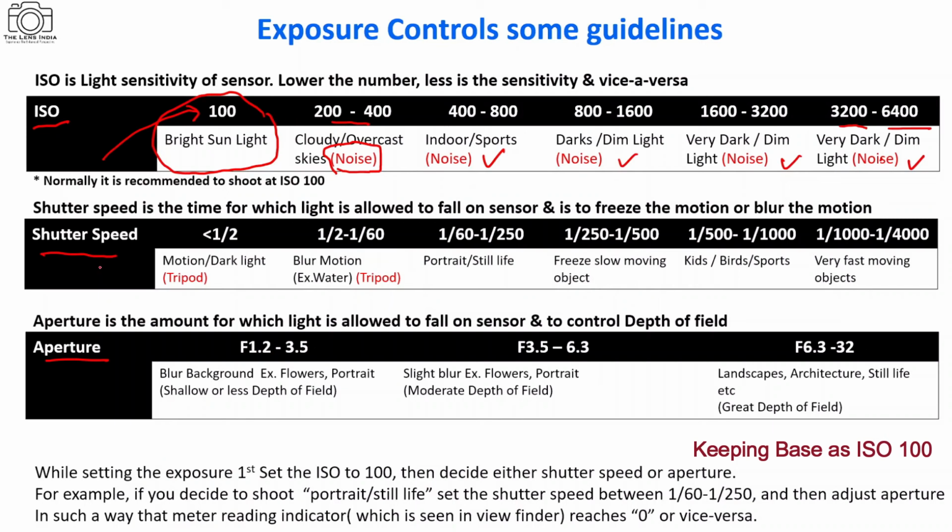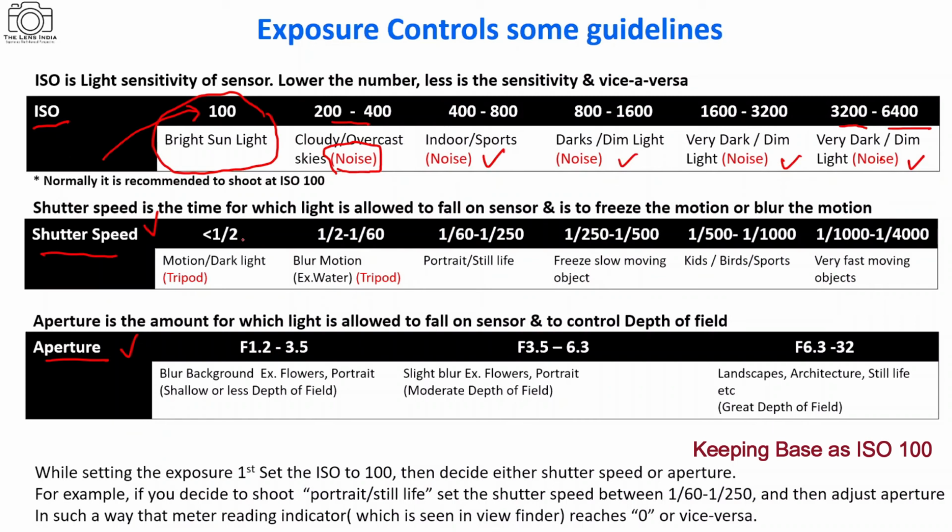So the left out parameters are the shutter speed and aperture. Now let's recollect the earlier slide: when we are shooting a steady object, we can use the aperture as a priority, and when it is a moving object, we can use the shutter as a priority. So now let's talk about the shutter speed.